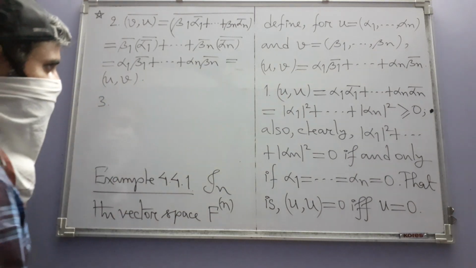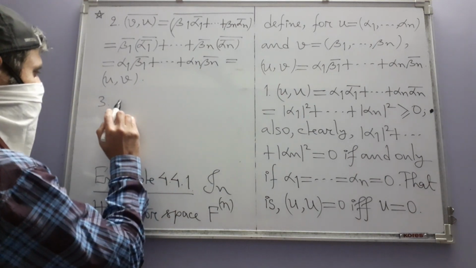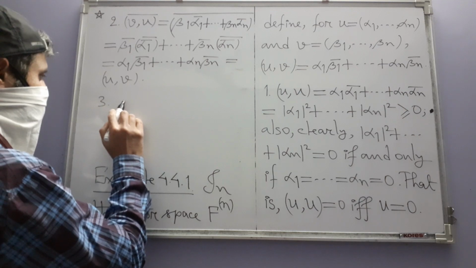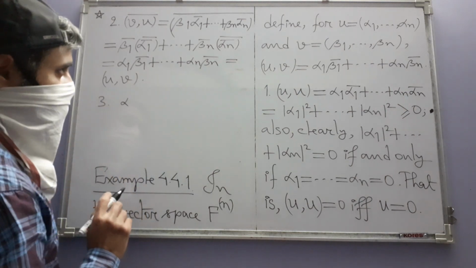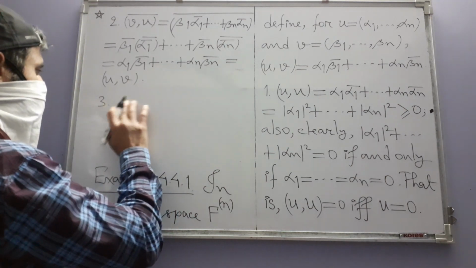Then property 3. For property 3 we would need another vector.